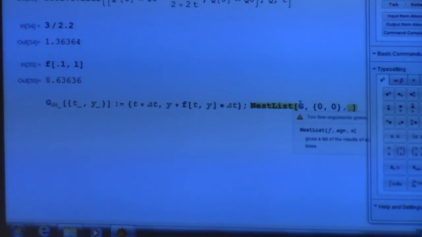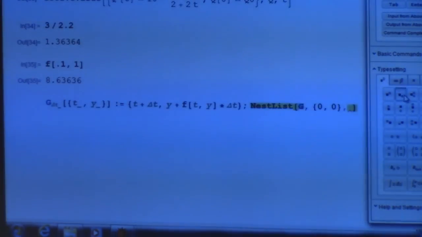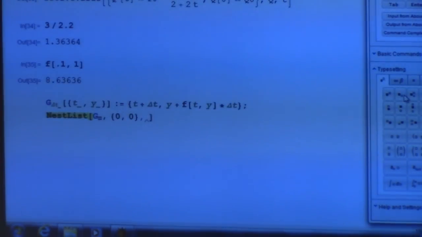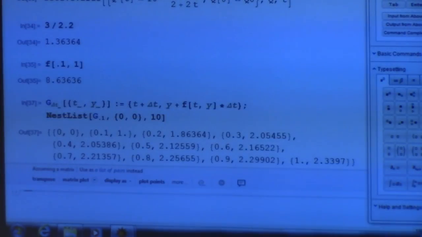And I forgot something here. I forgot a subscript for this g. I need to specify what delta t is going to be. Delta t is going to be 0.1. Let's do 10 iterations of this. It gives me a list of points, a list of lists in Mathematica, but I'm thinking of it as a list of points. The first of which is 0, 0, the origin, where I started.